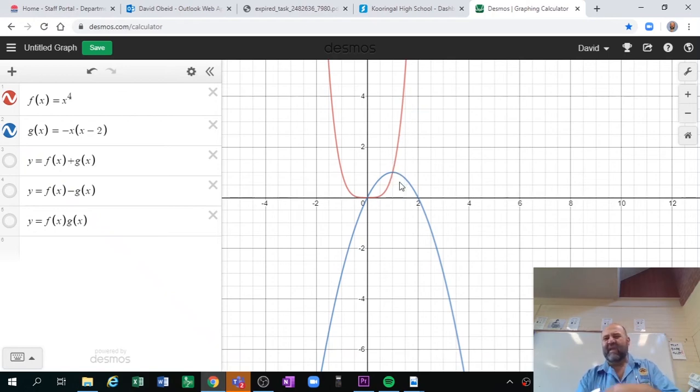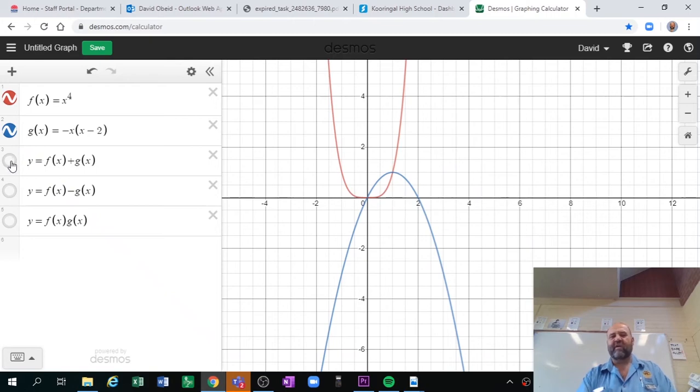But then a weird thing happens around here. I'm still positive, and I'm adding to something that's increasingly positive, but then over here, I'm not adding anymore. Now I'm subtracting, taking away these little negative amounts. So something changes around x equals 2 where the curves are added.